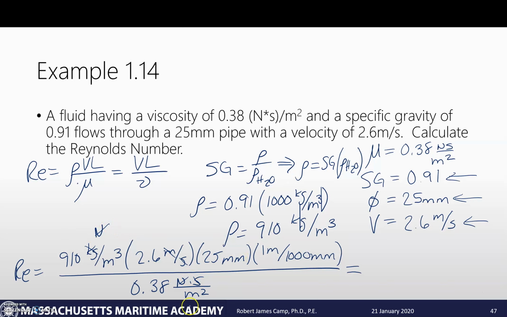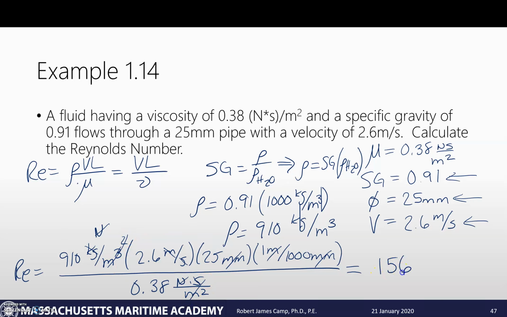So my millimeters cancel out. 25 millimeters. And so I'm left with meters over meters cubed over meters squared. And so that cancels. And so I've got 1 over meter squared, 1 over meter squared. All of my units cancel. That gives me a dimensionless parameter I'm very happy with.